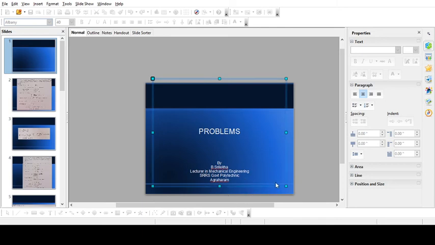Okay, so 400 into 10 to the power of 3 by 50 into 100. This area you have to consider. Next, P_y is 2 meganewtons, means 2 into 10 to the power of 6, and the area is 50 into 250, because you have to consider this cross sectional area.